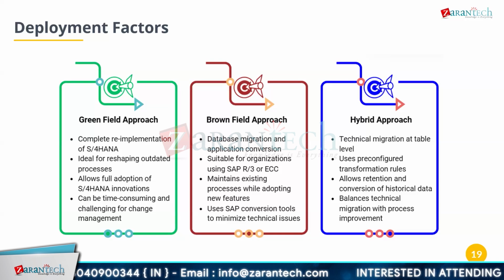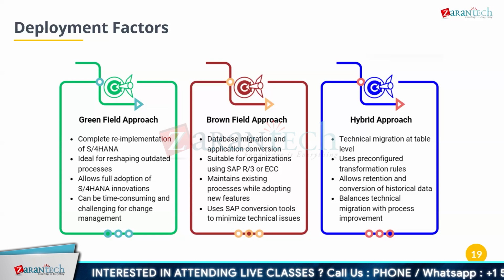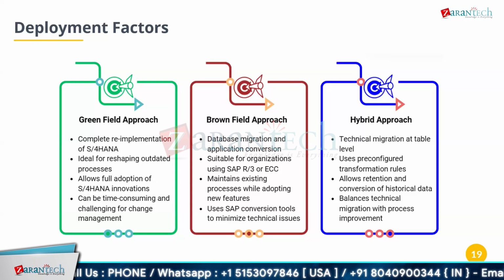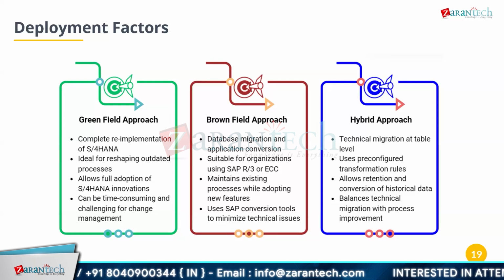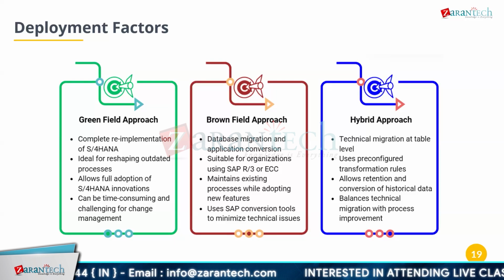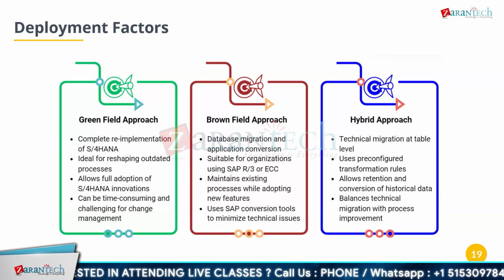Conversion tools basically help to change the data, because the data structure of ECC and S/4HANA is different. If you are moving the data for the financial processes, they help us clean the data, and show what data should be moved from these particular tables to these different views.